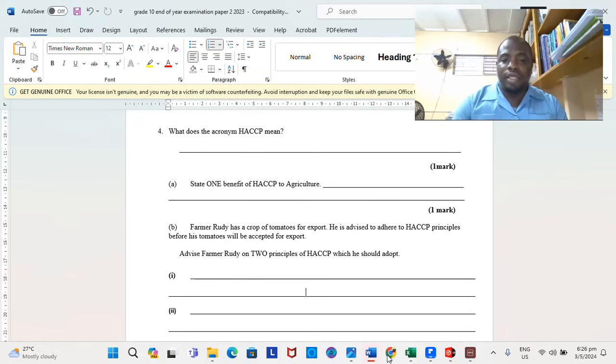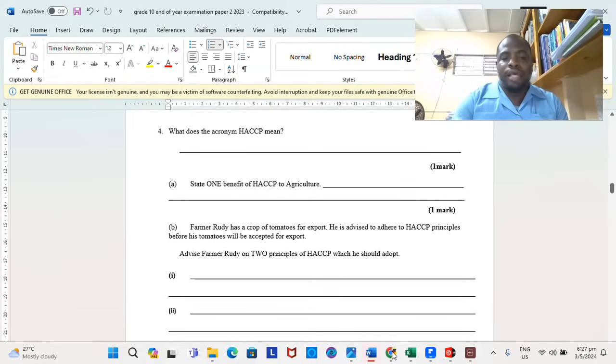Where in the process of producing your product can you establish a point that will allow for prevention of these hazards occurring? What things can you put in place to basically eliminate any form of contamination, whether by physical, chemical, or biological means, right? So critical control points.